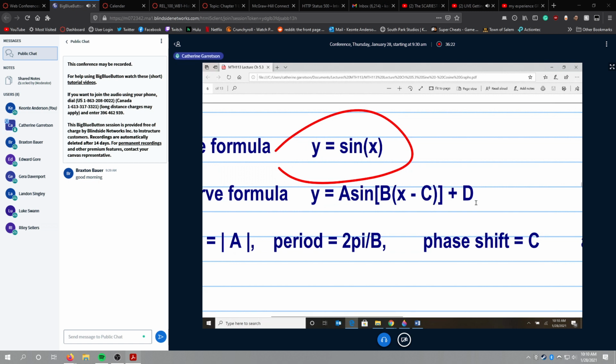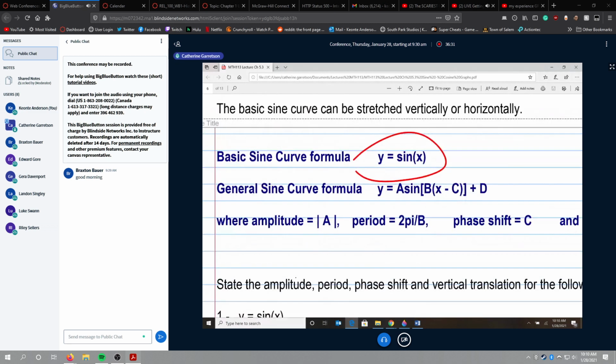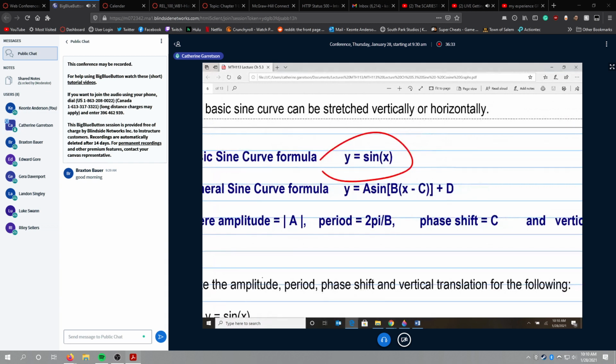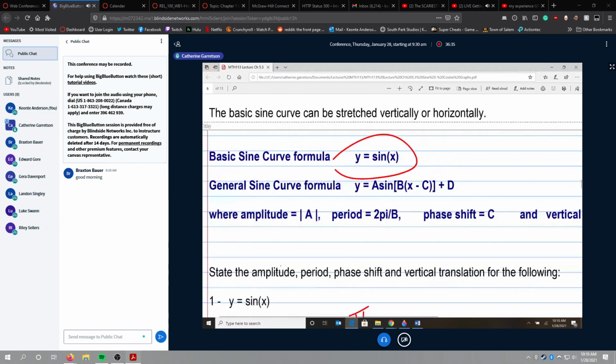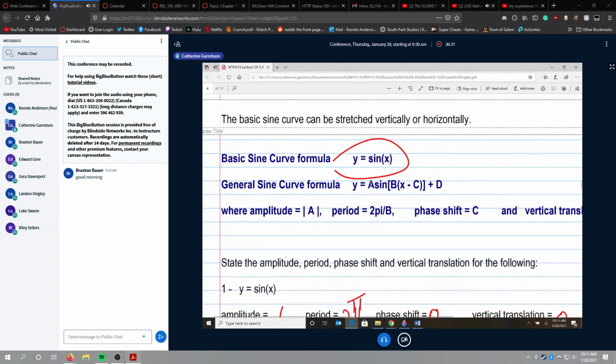Now, I've had people say, I don't understand all these A, B, C's, and D's. It's just positional. It's just a way to give it a place and a name. So if it's multiplied to the front of the sine, it's your A, amplitude.